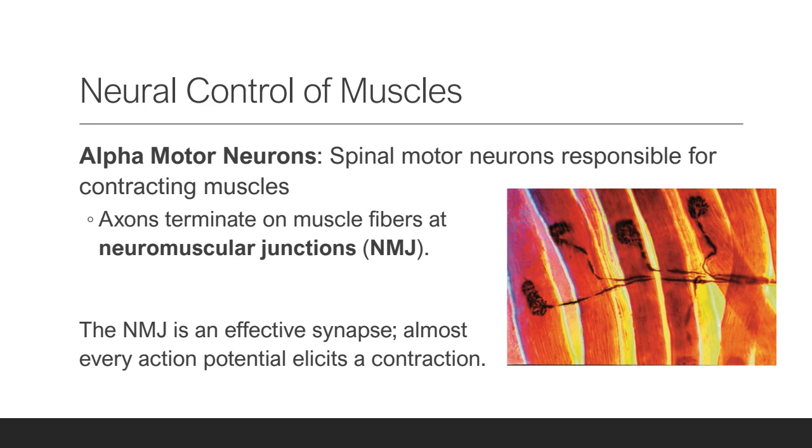So alpha motor neurons form connections with muscle fibers at locations that are called neuromuscular junctions. So that's what these would be, the connections between here and this muscle and here and this muscle. These are neuromuscular junctions.